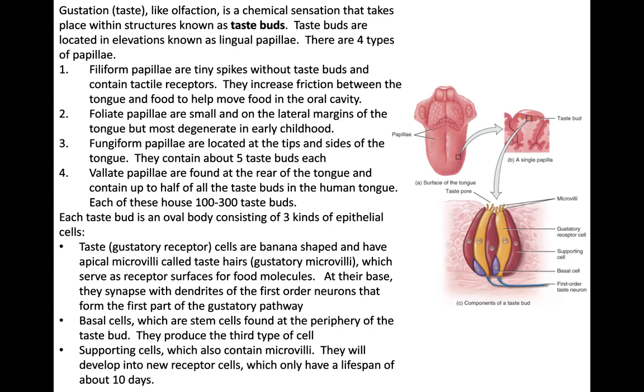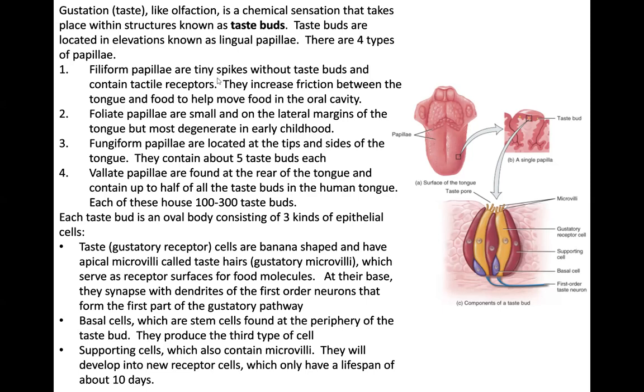The first 2 actually have nothing to do with the sense of taste. The first, filiform, have no taste buds. They're tiny spikes instead, but what they have are tactile receptors. And as we learned the other day, tactile sensations are like touch and pressure. So they allow you to feel the texture of the food on the surface of your tongue.